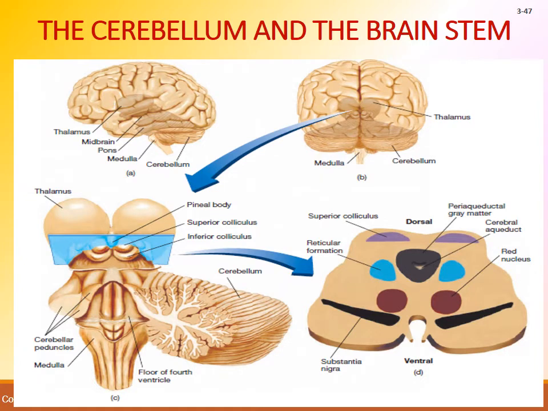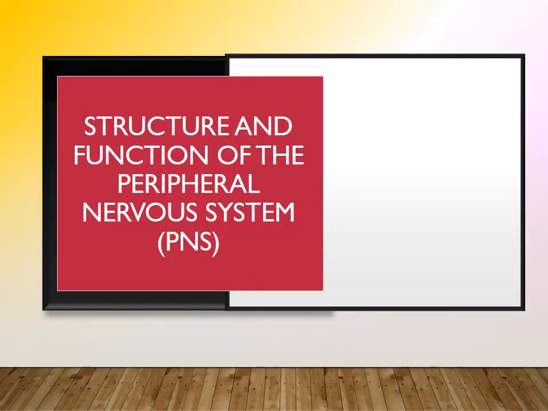Okay, for your view. So now we enter the second phase of our lecture, which is the structure and function of the peripheral nervous system, PNS. Based on the previous lecture on the CNS, as you can see, I tried my best to summarize the main structures and the related functions.